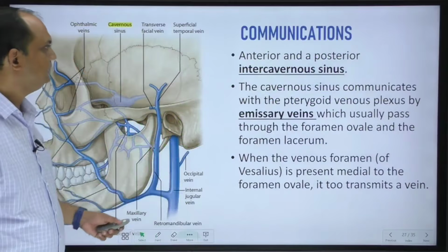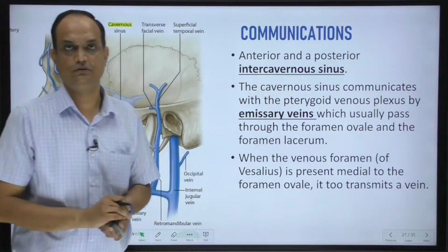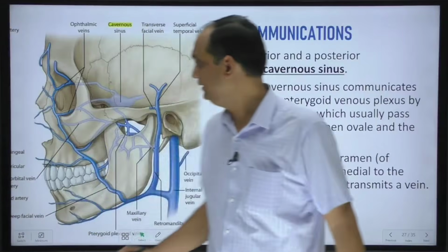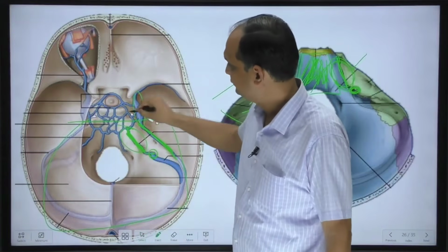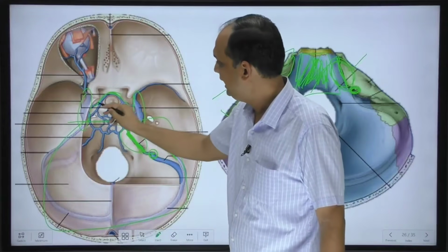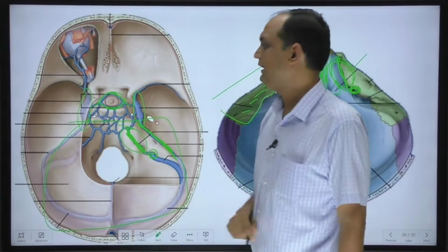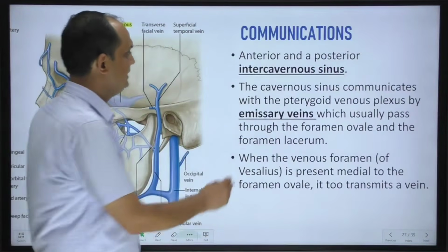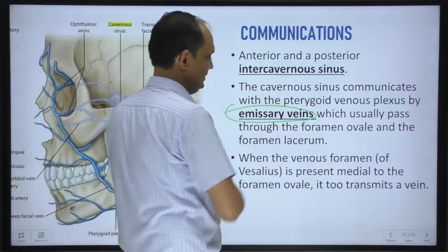Clear? Then you have the communications. The first communication is the intercavernous sinus. Now you have seen that both sides of the cavernous sinuses are connected by anterior and posterior intercavernous sinuses. Second thing is that there is a connection with emissary veins.